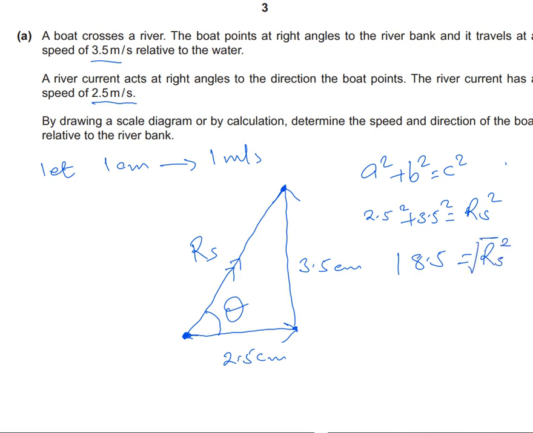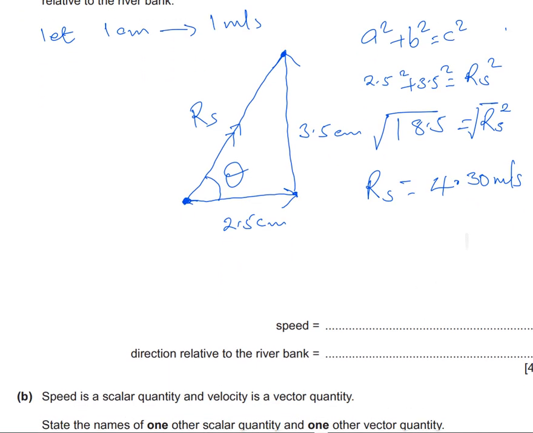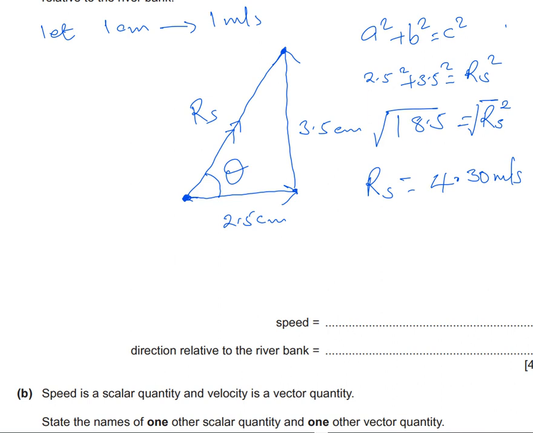So you take the square root both sides. So resultant speed, you'll be able to get 4.30 meters per second. However, I can write it to two significant figures, which is 4.3 meters per second.